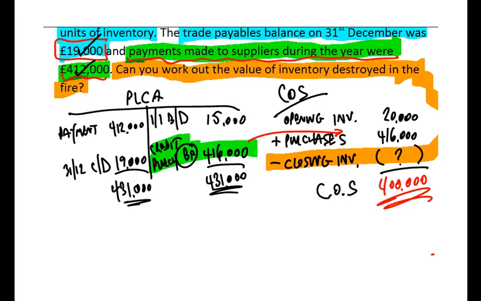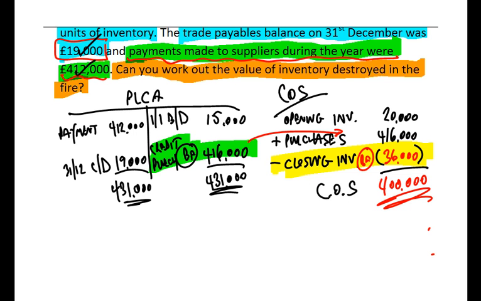Now, if you look at the cost of sales calculation, if you took opening inventory of £20,000, then added on the purchases of 416,000 that we got from the purchase ledger control account, if you add those two up, that would give you 436,000. So what would you need to knock off that to take you to 400,000? Well, I'm thinking that I would need to knock off £36,000. You can see I'm almost using a little balancing figure approach, working out what the value of that closing inventory would need to be to take the cost of sales back to 400,000.